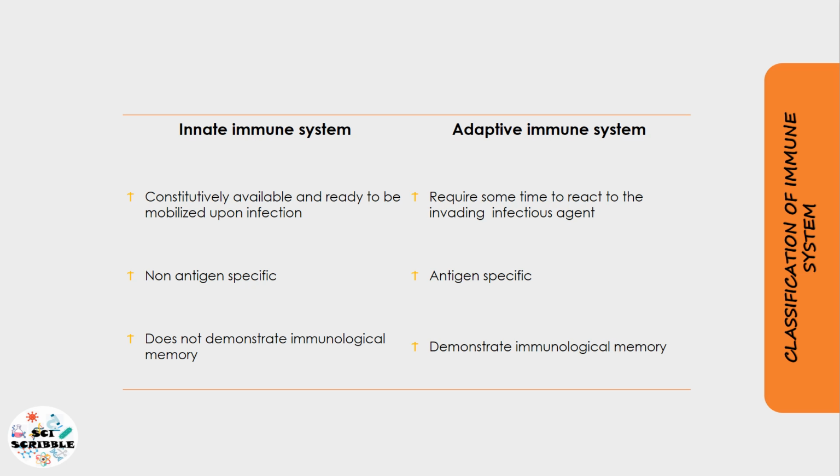Adaptive immunity is antigen specific and innate immunity is not antigen specific, thus making it act more rapidly than the adaptive immunity. Our immune system has a unique ability called the immunological memory. This ability is only demonstrated by adaptive immune system.